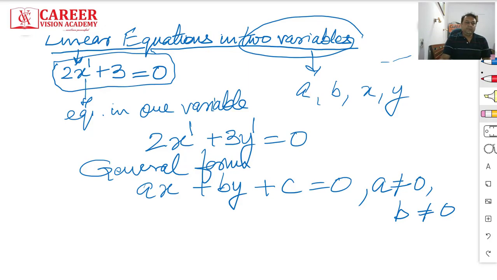It must be clear to you. If a or b is 0, it won't be a linear equation in two variables. So this is the general form of linear equation in two variables, right?